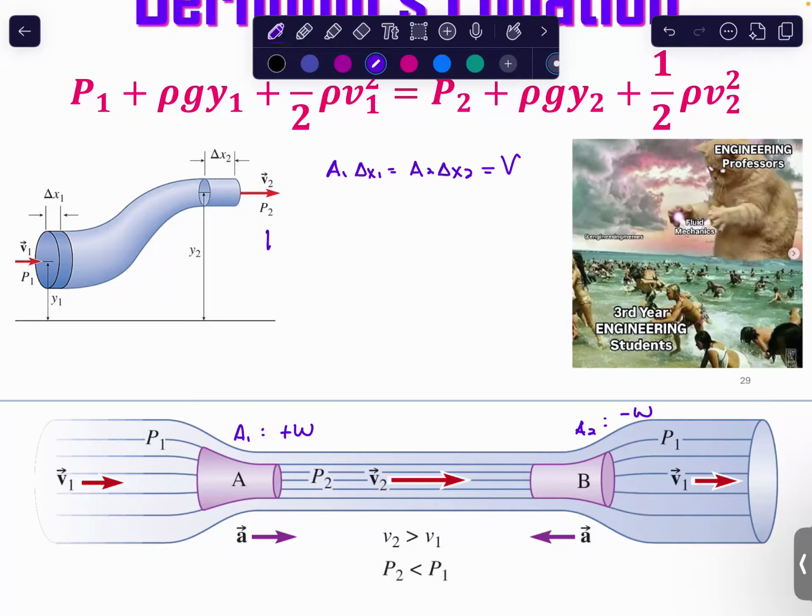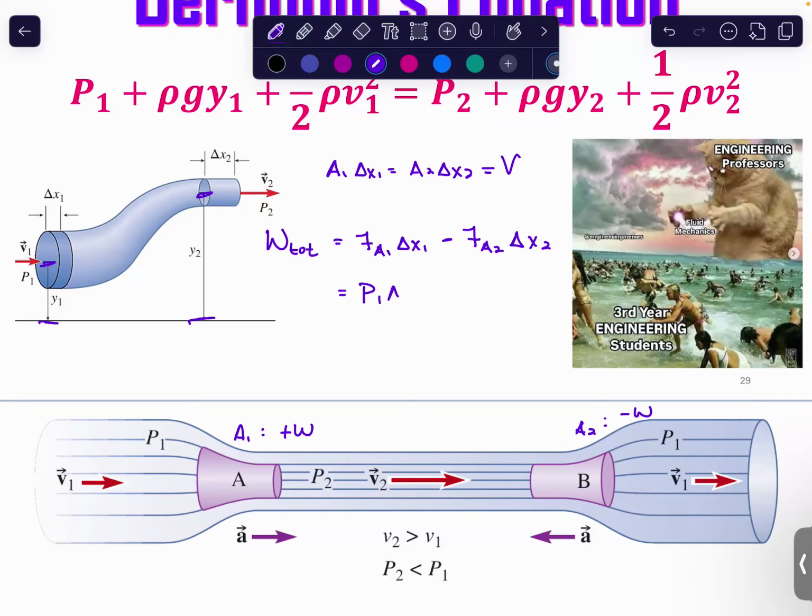Okay, so the total work done on the water in this system, and then of course this first one here is to show you the difference between Y1 and Y2. So the total work done is going to be the force at A1 delta X1 minus the force at A2 delta X2.